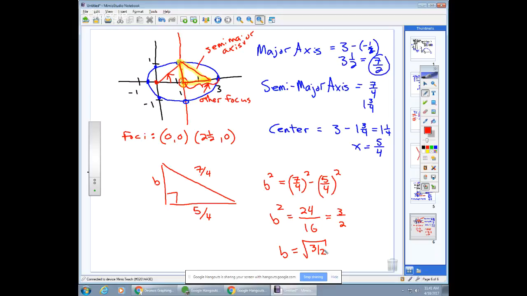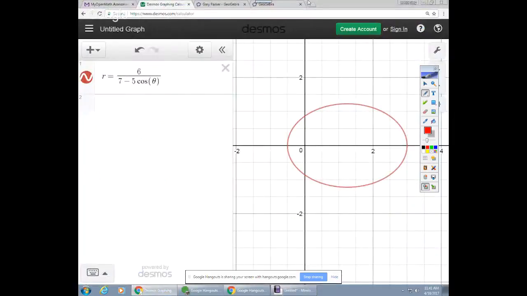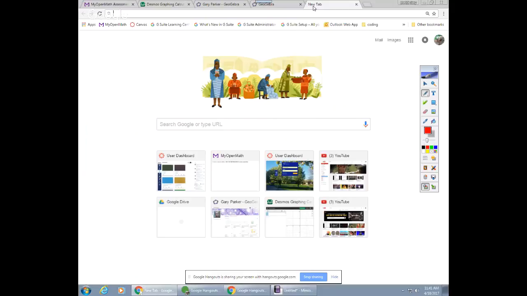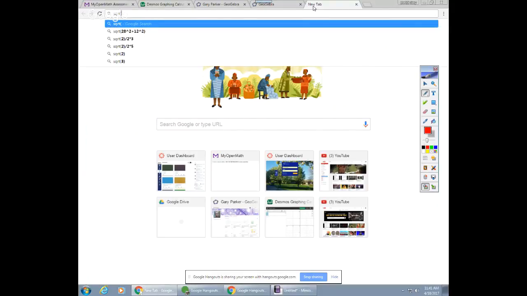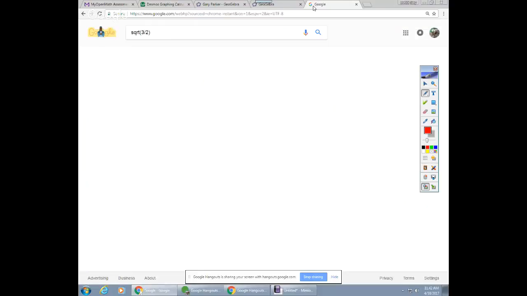A lot of people like to rationalize the denominator. I guess we could, but I don't see too much point in that. It doesn't really help much. But let's double check to see what that's like. Calculator, what's the square root of 3/2? About 1.2.